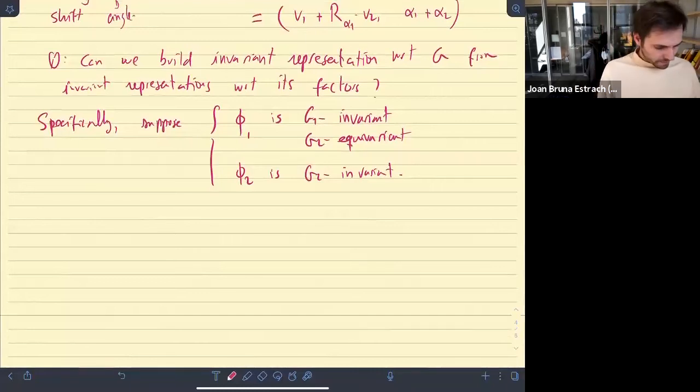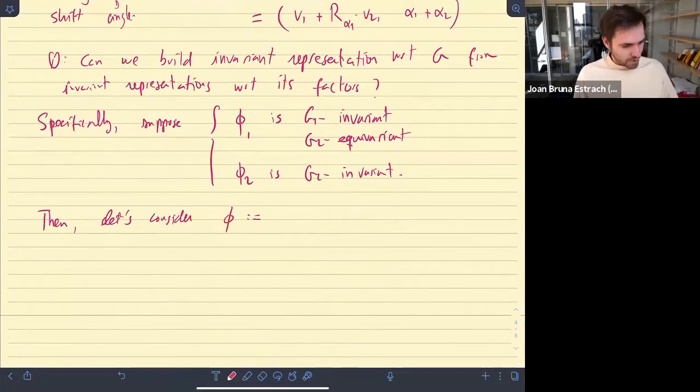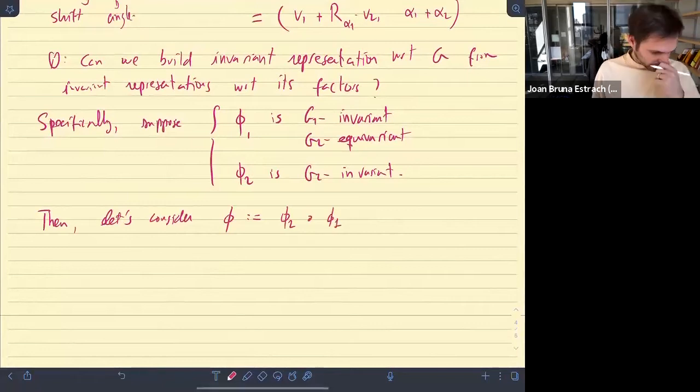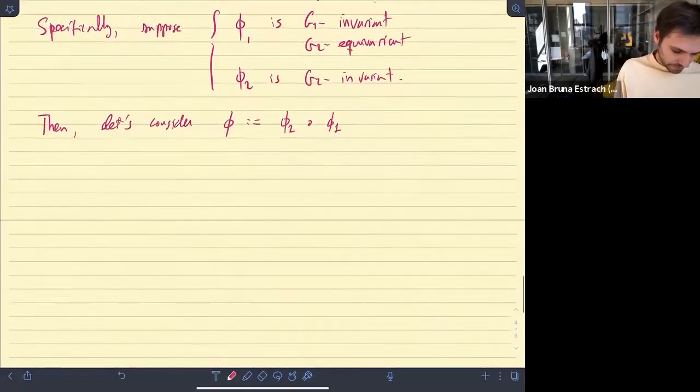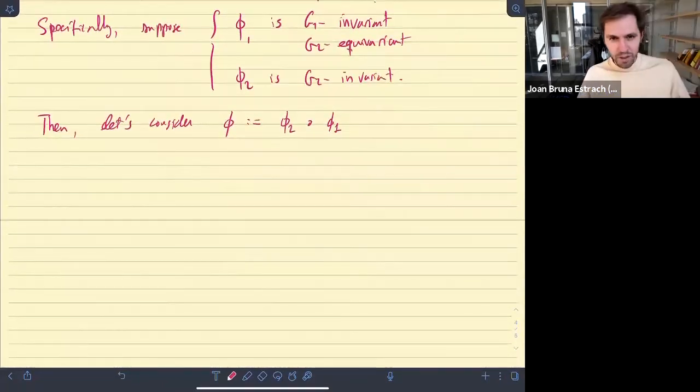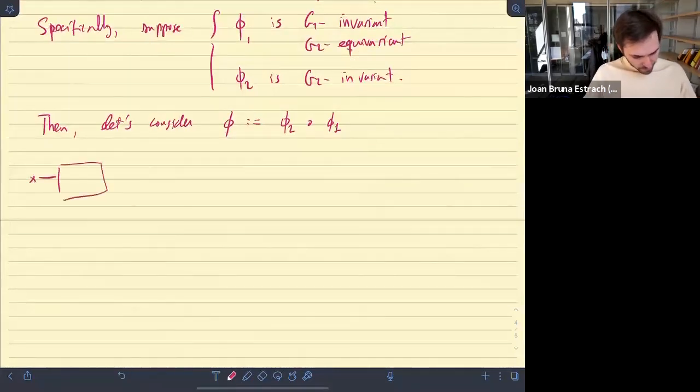So now I claim, let's consider phi, which is the composition of phi2 with phi1. If you think of it in a diagram style, you have some input x and two transformations; you first apply phi1.